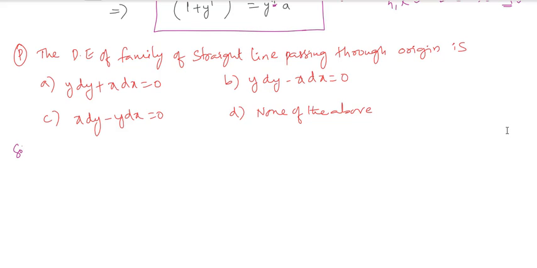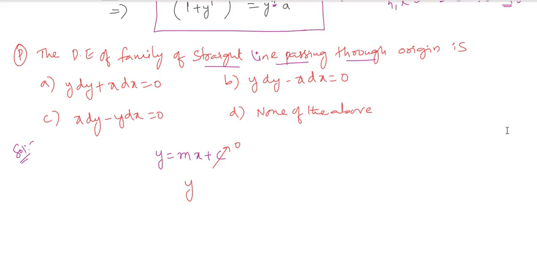This is the question. The differential equation of the family of straight lines passing through the origin. What is the straight line that passes through the origin? Generally the equation of a straight line is y equals mx plus c. But if it passes through origin, then c is equivalent to 0.